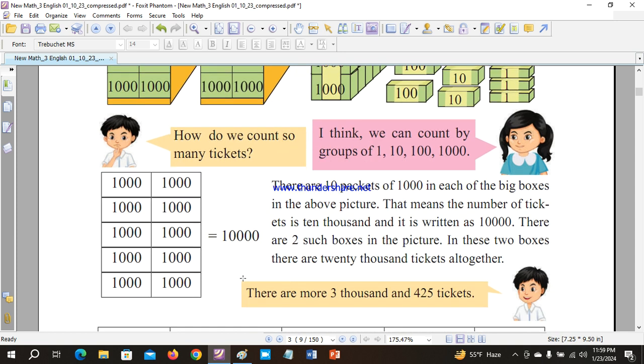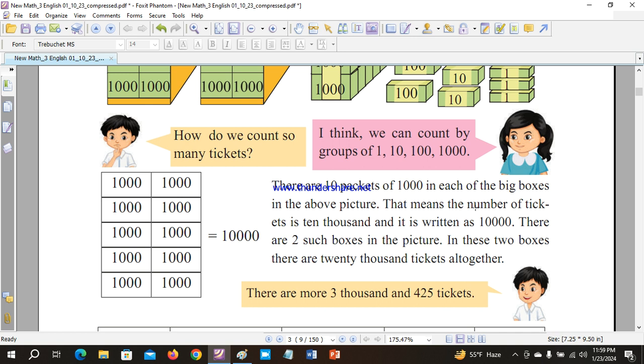And here look very carefully. 1000, 2, 3, 4, 5, 6, 7, 8, 9, 10. 10,000. There are 10 packets of 1000 in each of the big boxes in the above picture.